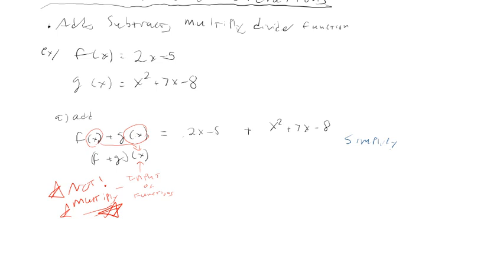So my x squared is by itself. So I got a 1x squared piece just by itself. My x squared. And then I got 2x and 7x. 2x plus 7x, that's going to be plus 9x. And then I got my minus 5 and minus 8. Negative 5 plus negative 8, that's negative 13.